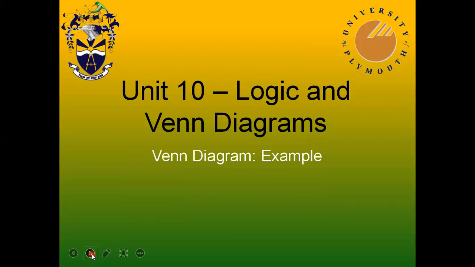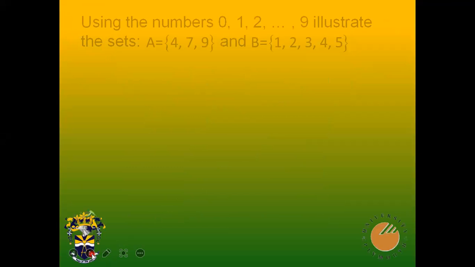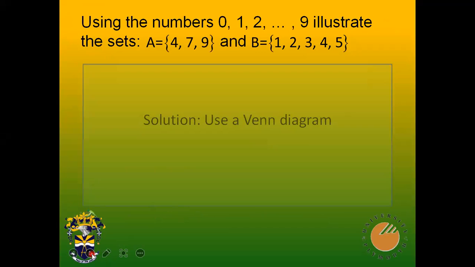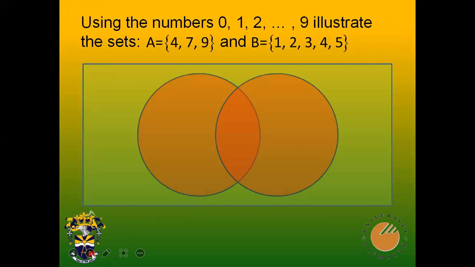Now let us see the Venn diagram. Using the numbers 0, 1, 2, up to 9, illustrate the sets A equals 4, 7, 9 and B equals 1, 2, 3, 4, 5. If we take these two sets, then the solution uses a Venn diagram like this.